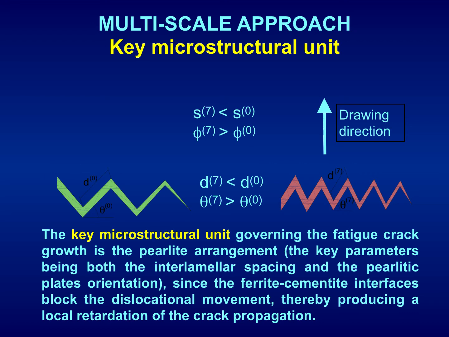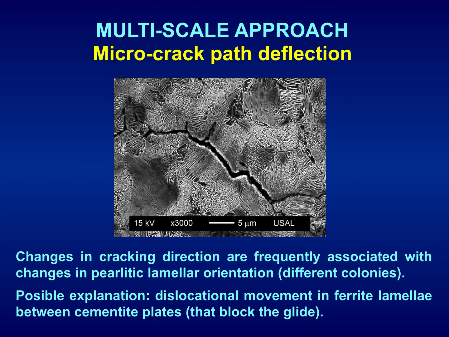the key parameters being both the interlamellar spacing and the pearlitic plate's orientation, since the ferrite-cementite interface blocks the dislocational movement, thereby producing a local retardation of the crack propagation. In the micro-crack path deflection, we observe changes in cracking direction which are frequently associated with changes in pearlitic lamellar orientation of different colonies.